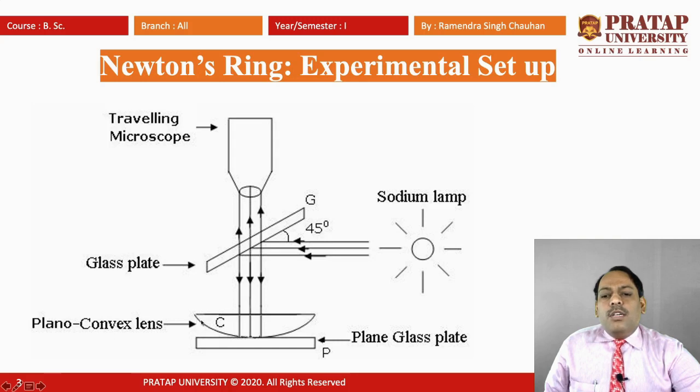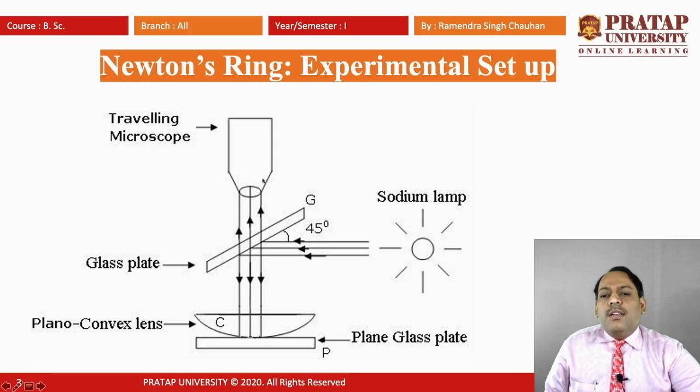Between the lower surface of the plano-convex lens and the upper surface of the plate, this shape on these sides is a wedge shaped air film. Light rays will be reflected from the lower surface of the plano-convex lens C and the upper surface of the glass plate P, and then they will go to the microscope.